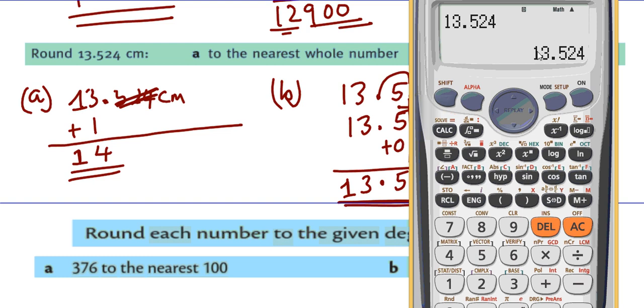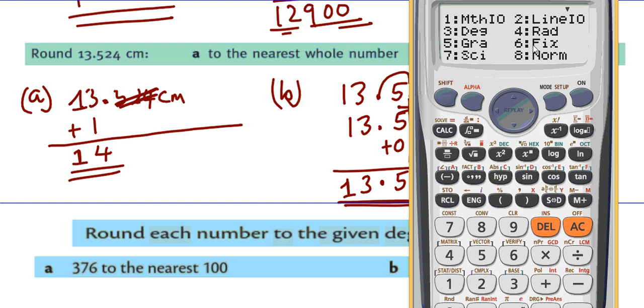Now we want to round this number to the nearest whole number. So what we do, we make use of the fix option. Now fix option is this option here. See? Fix option is here. So choose button 6. Now the calculator is asking you how many decimal places do you need?